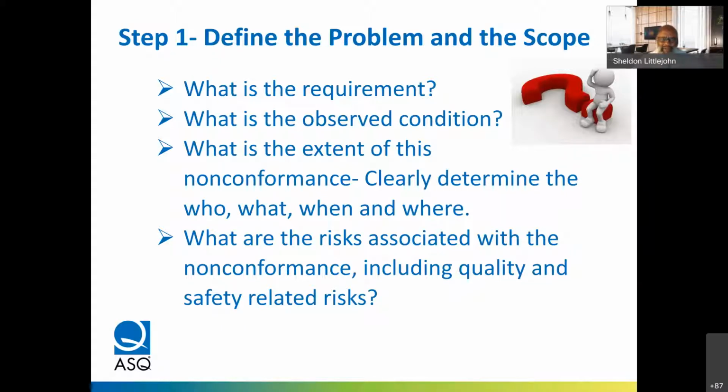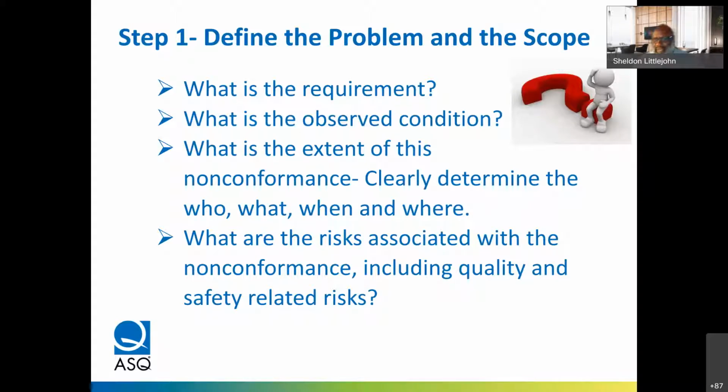We also want to look at the extent of this nonconformance. Who did what, or what happened, who was involved in the nonconformance, when did this occur, where did it occur, what's the scope? Is it something local to just the machine shop, or is it within an entire department? Is it something that's affecting the entire company?